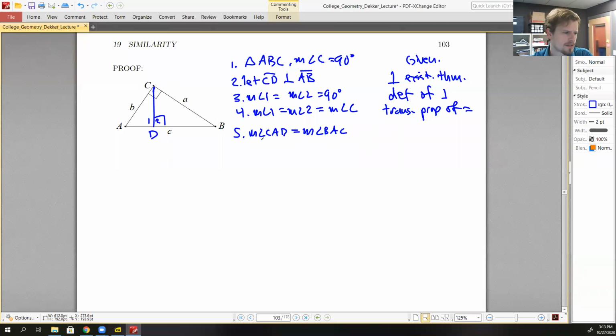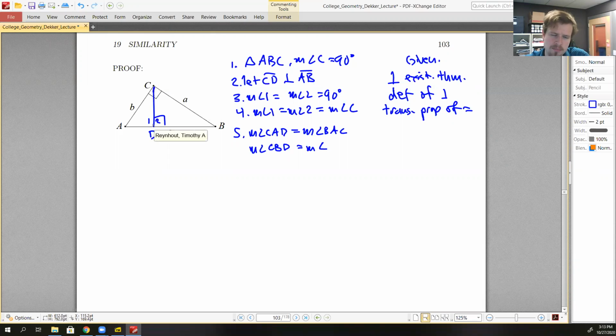All right. We also have that the measure of angle, this one here, for this triangle, we'll call it CBD, is equal to the measure of angle. We want to keep this angle the same, but this angle becomes the 90-degree angle.